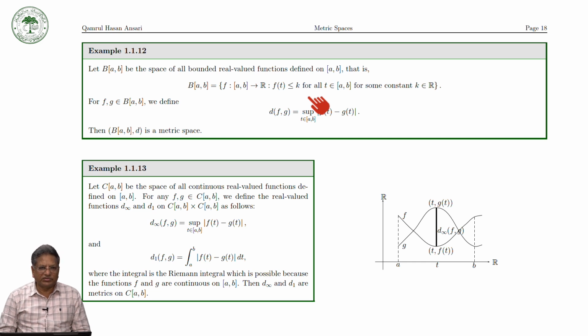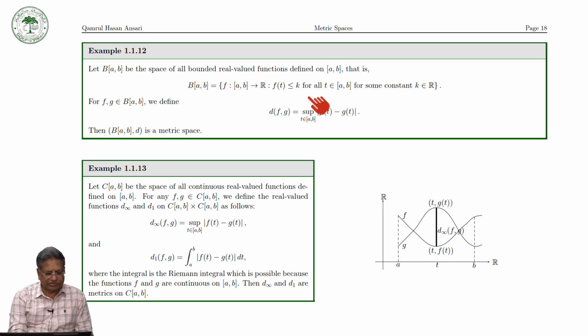Now in this talk we will see some more examples and some exercises related to metric spaces. So let us consider C[a,b].